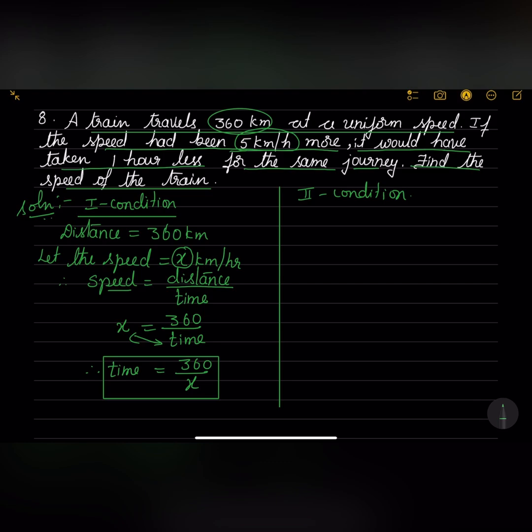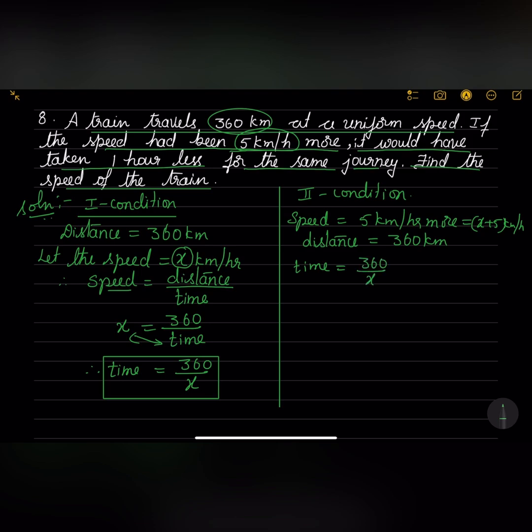Therefore, if speed is 5 kilometers per hour more, how do we write that? x plus 5 kilometers per hour, right? Then distance. What is the distance? It is the same distance they have given, so that is 360 kilometers.